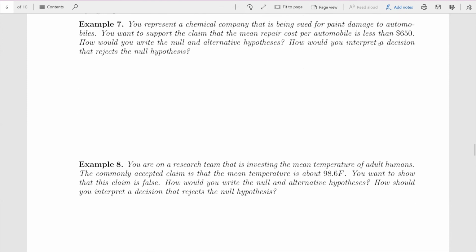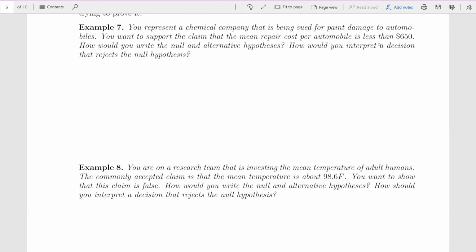So let's look at example number 7. You represent a chemical company that is being sued for paint damage to automobiles. You want to support the claim that the mean repair cost per automobile is less than $650. Then the null hypothesis and alternative hypothesis.